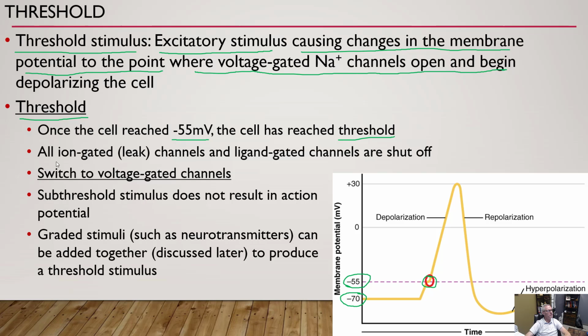At this point, ion-gated channels and ligand-gated channels are shut off. Because we are dealing with electrical impulses, now we switch to these things called voltage-gated channels. Voltage-gated channels deal with electrical impulses.